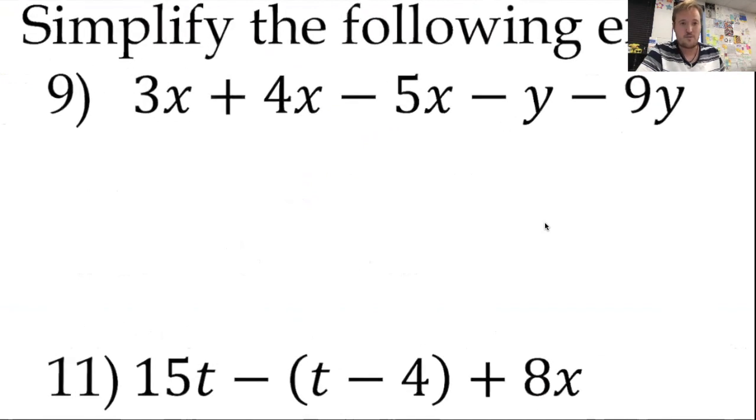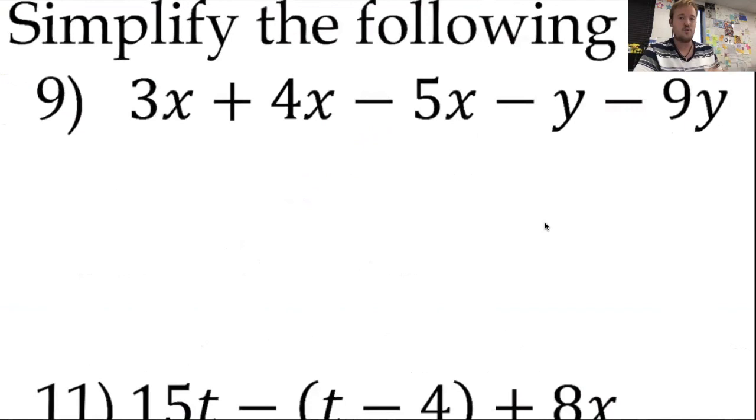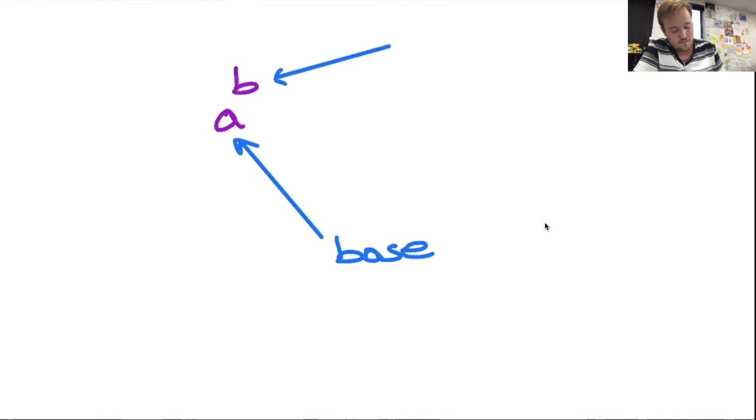So looking at number 9, we just want to simplify using combining like terms. So we're just looking to see what has the same base and what has the same exponent. So when I say base and exponent, so let's say I have a raised to the b. So this a value would be the base, and the b value would be your exponent.